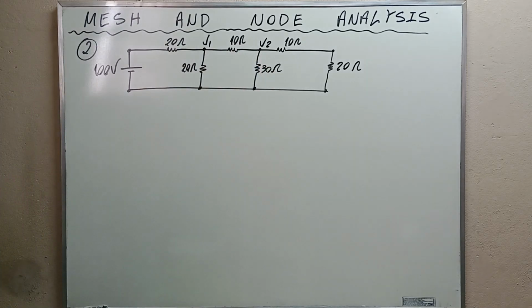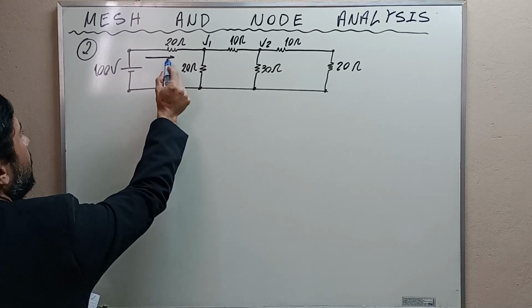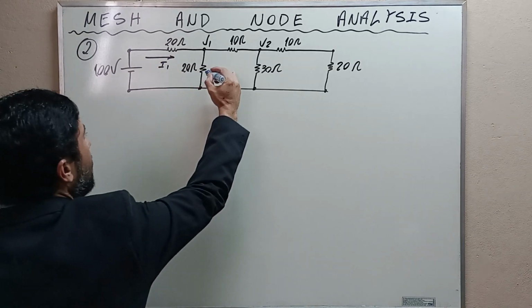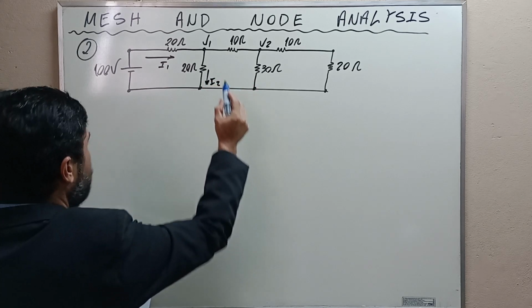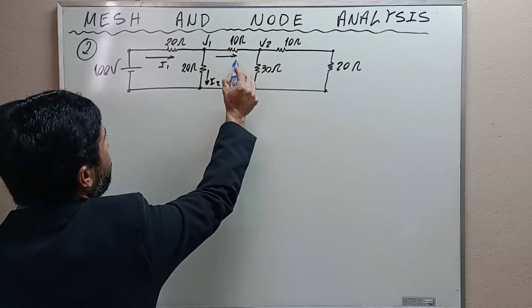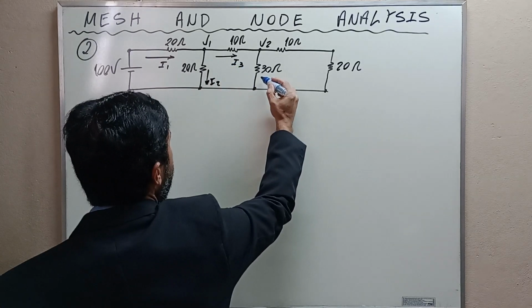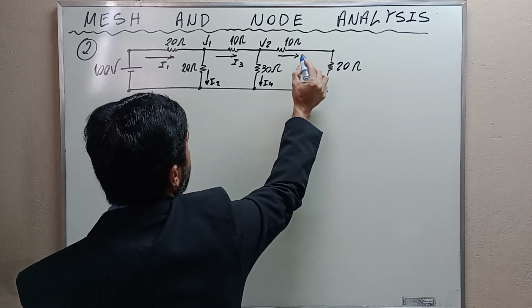And for this purpose, we are going to use some labels here as well. We're going to call this current here I1. This current here, I'm going to call I2. This will be I3. This will be I4. And this will be I5.